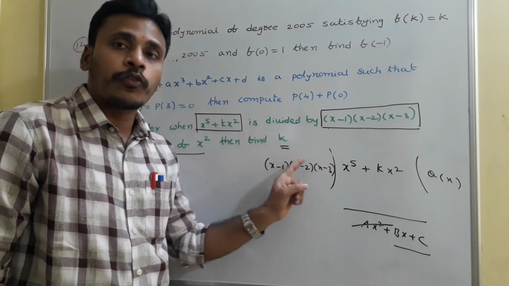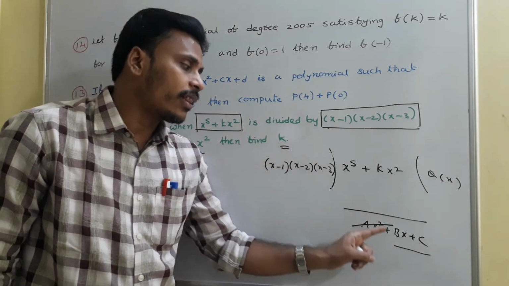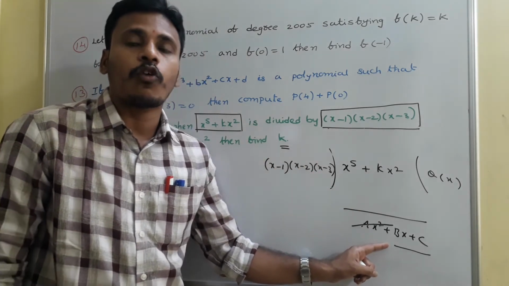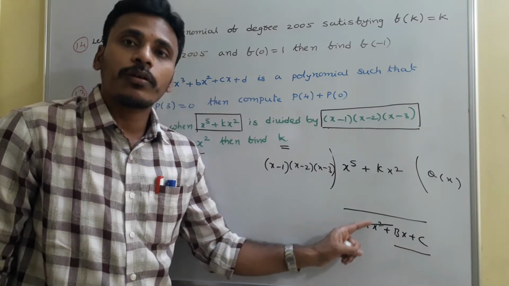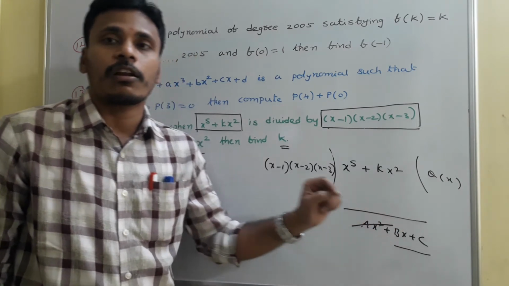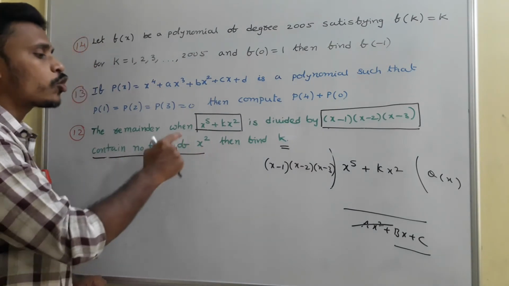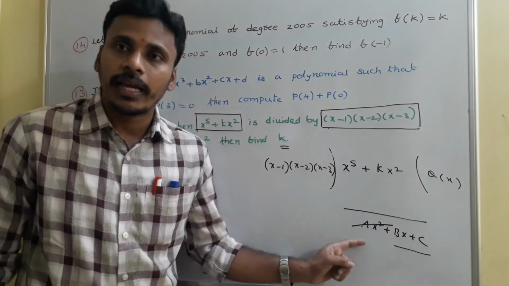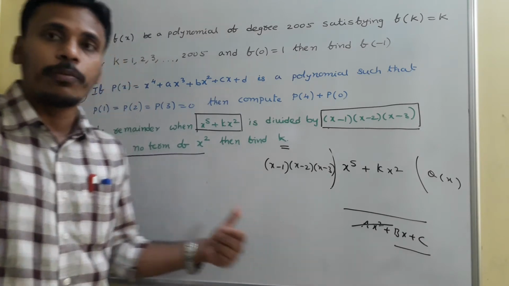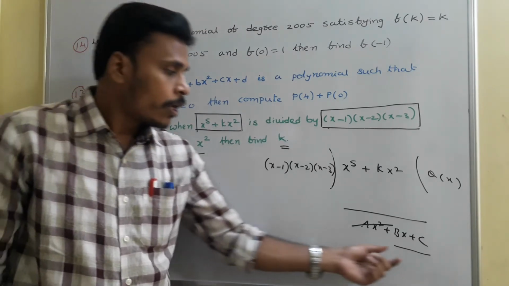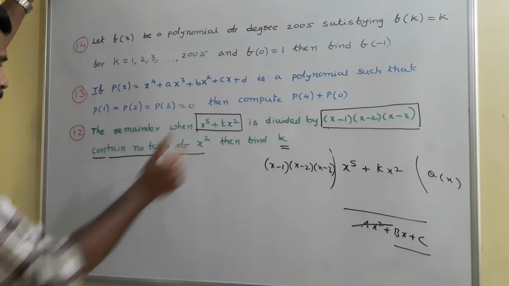Don't take that ax square, because a will become 0 since it contains no term of x square. So bx plus c is your remainder.